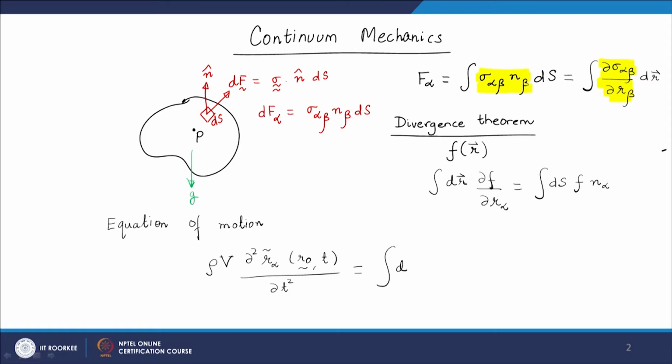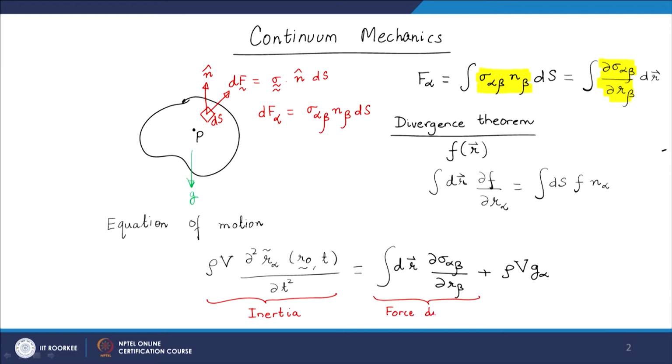So, we get, and then we have certain body forces acting on the system. So, if I look at this, we have three terms. The first term is the term that defines the inertia of the system. The second term defines the force due to stress, and the last term defines the body forces.